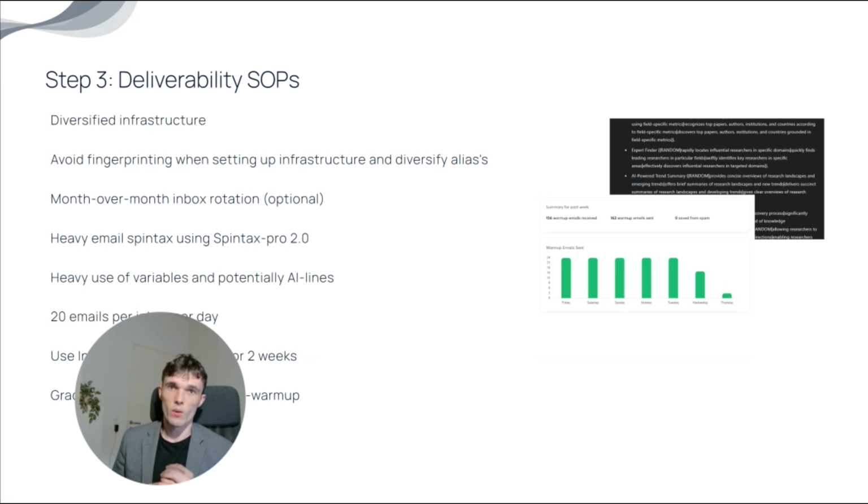Now, for those that are not totally familiar with that concept, it's essentially your ability to land in the primary inbox of prospects. What has happened, especially this year, is that email service providers are always trying to find a balancing act.